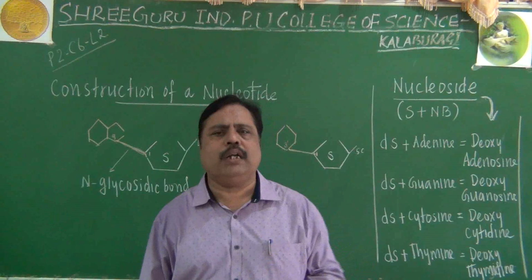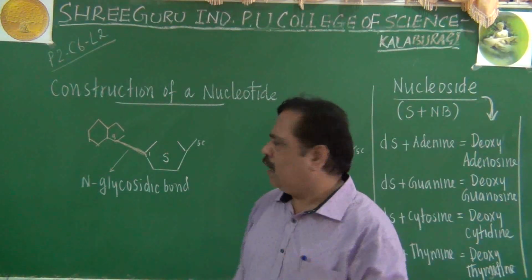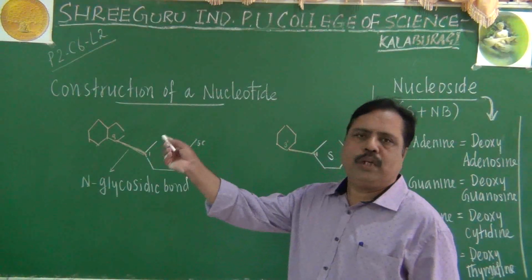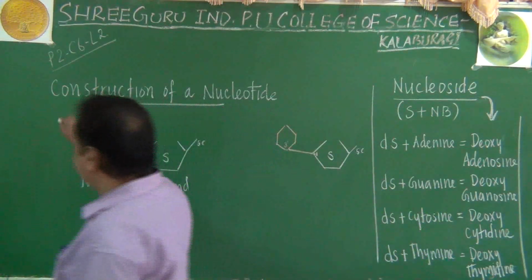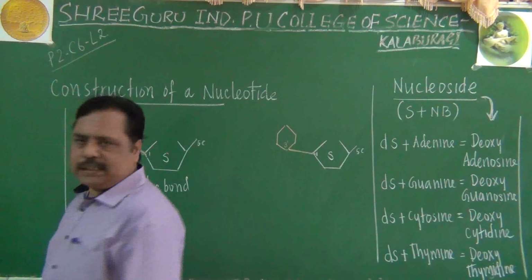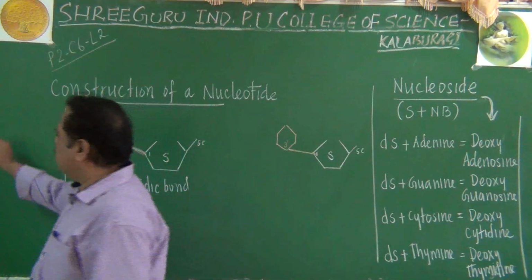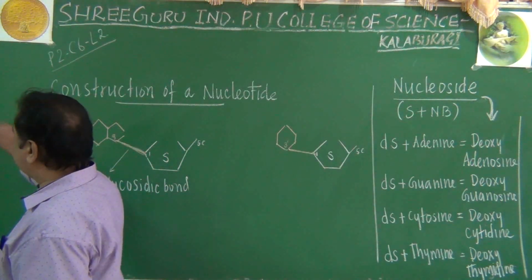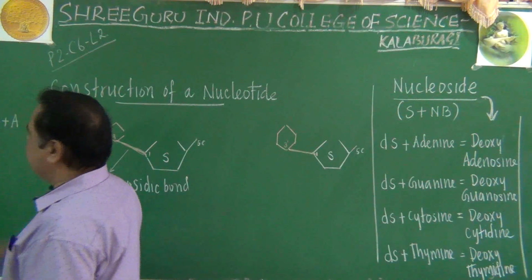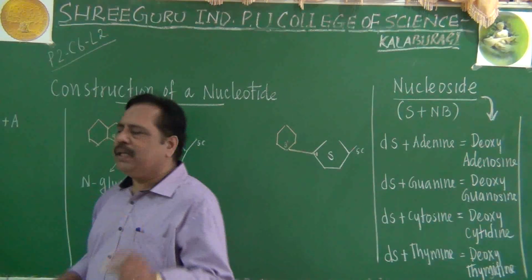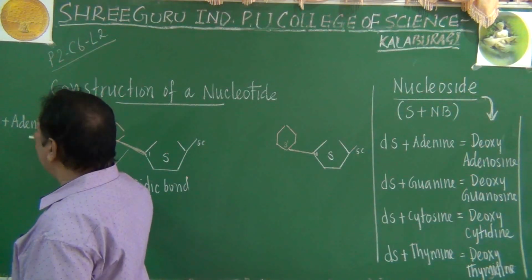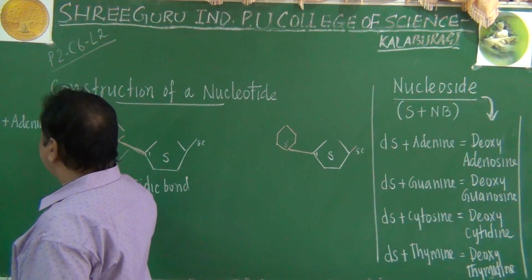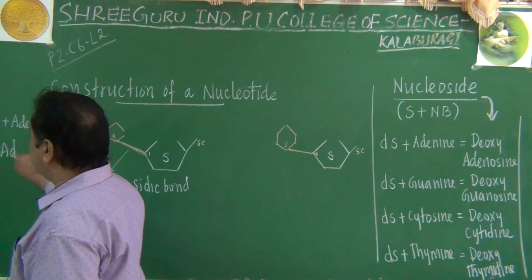Sir, what about RNA? In RNA also, there is sugar and nitrogenous base. I am writing here about RNA nucleosides. Suppose there is ribose sugar plus adenine base, it will simply be called adenosine.